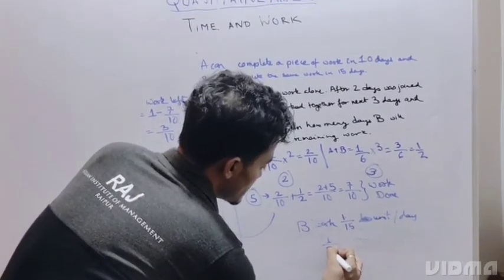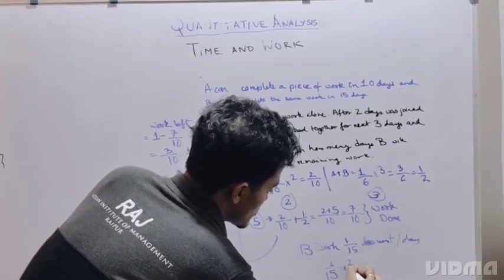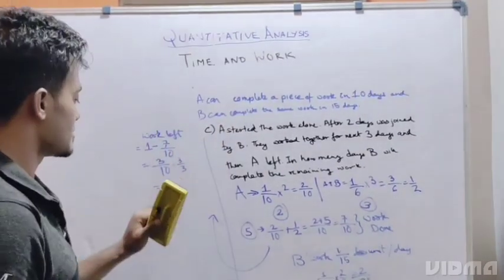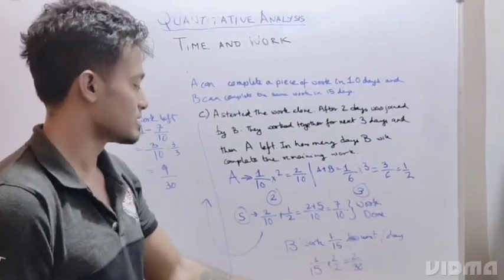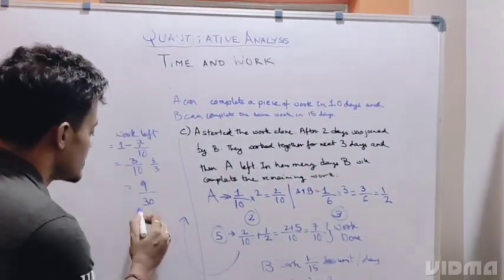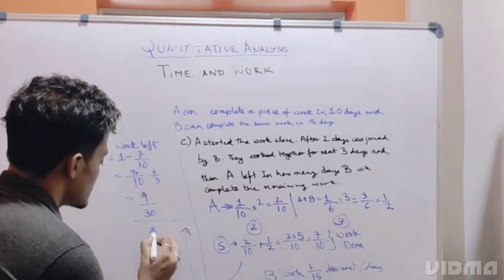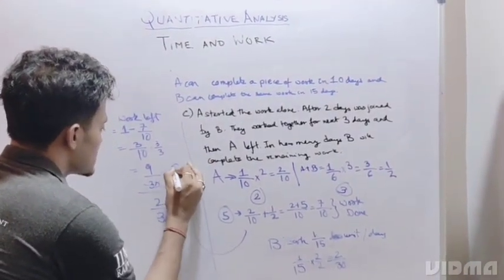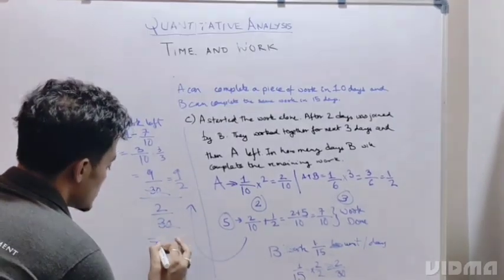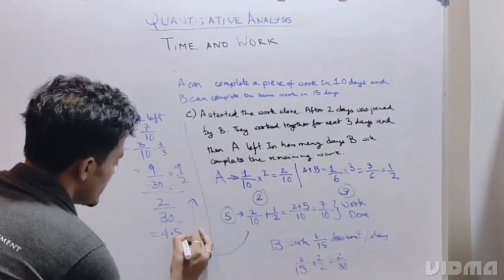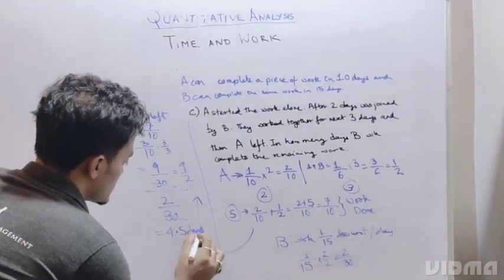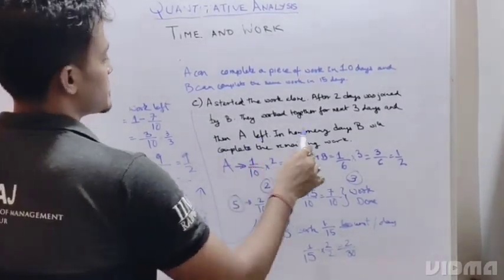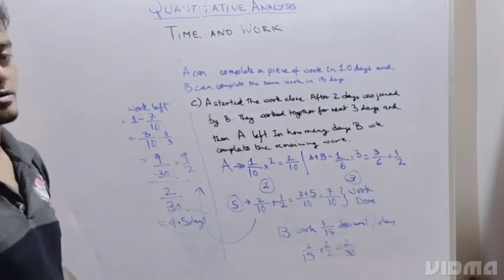So 1 by 15, 2 and 2, that is 2 by 30, right? 9 by 30 and 2 by 30. So we need to divide 9 by 30 by 2 by 30. These will cancel off. We will get 9 by 2, that is equal to 4.5 days. So B is going to take 4.5 days to complete the remaining work.